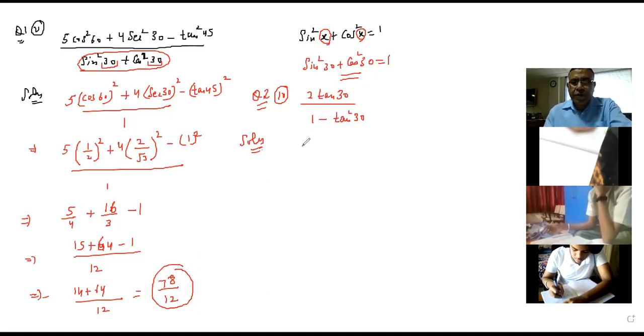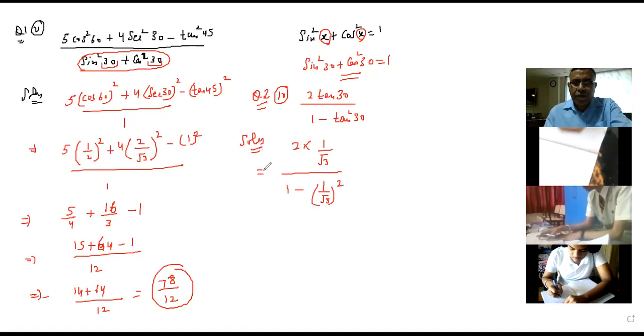So this is 2 times the value of tan 30, 1 over under root 3, upon 1 minus 1 over under root 3 whole square. So 2 upon under root 3 upon 1 minus 1 over 3.